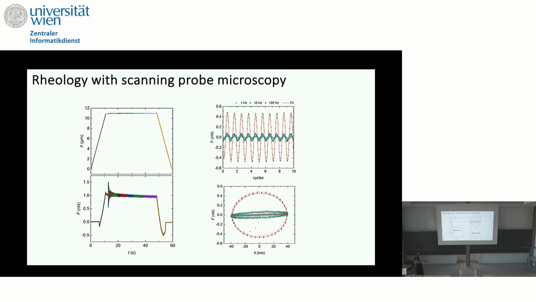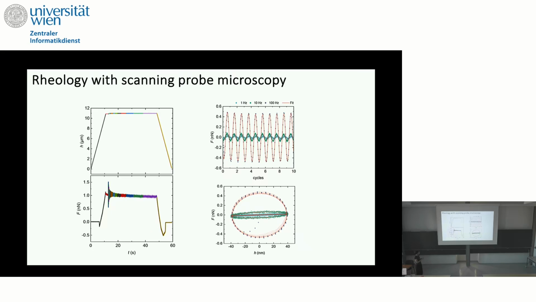You see that the height of the cantilever approaches the condensate. We have a pause to make sure that the system stays stable. Then we have modulation of the height at various frequencies. And then we again detach the cantilever. And you see the response of the system very nicely from the force. You see that in the beginning, there's no contact between the cantilever and the condensate.